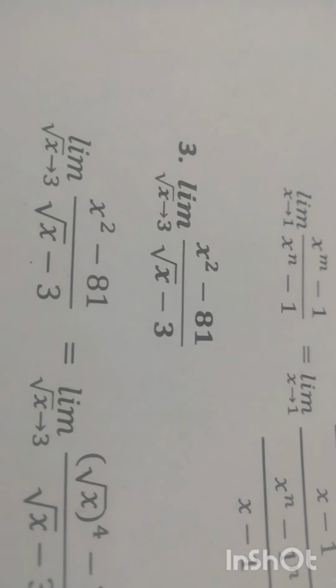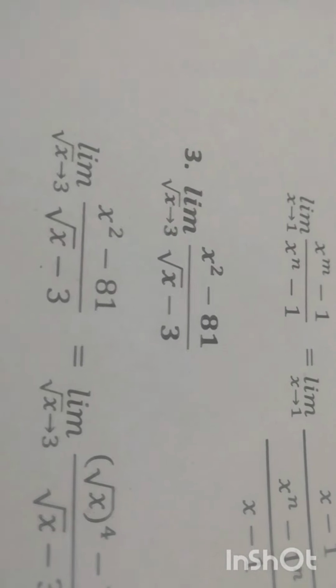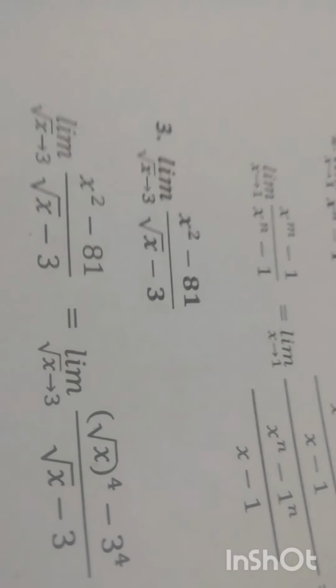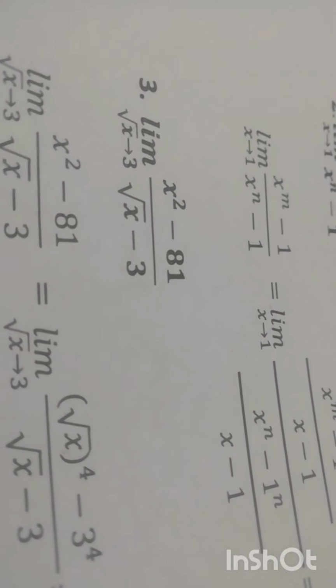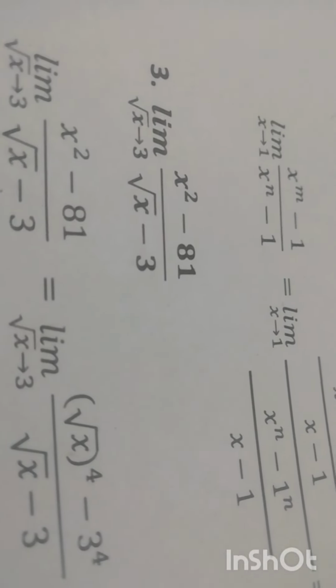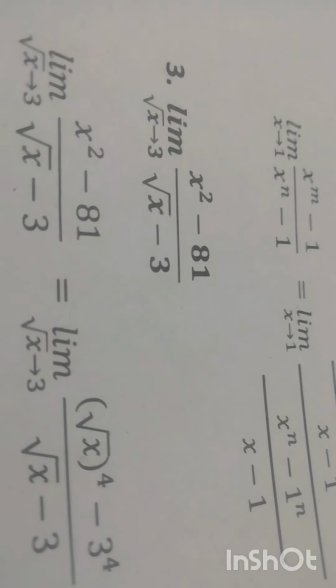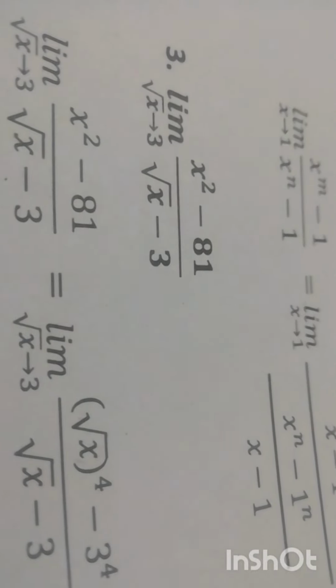See, next problem. Limit root x tends to 3 of (x square minus 81) divided by (root x minus 3). Here instead of x, root x is there. See, instead of x, root x is there.